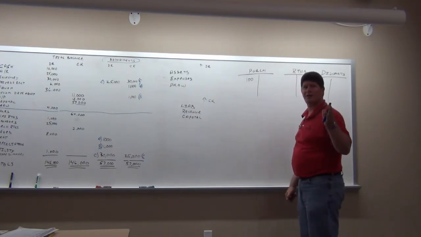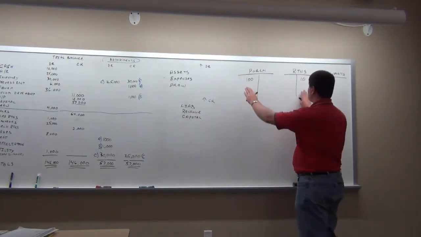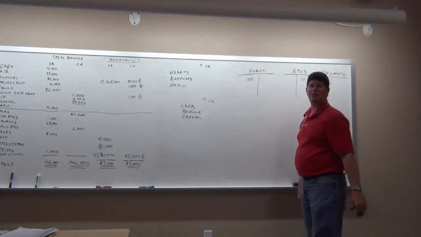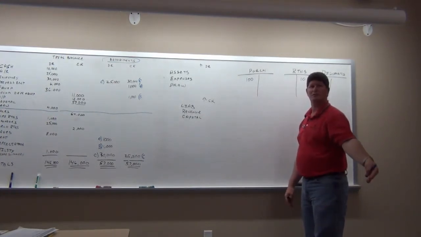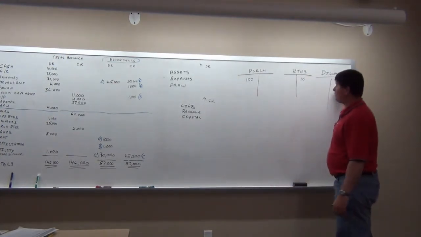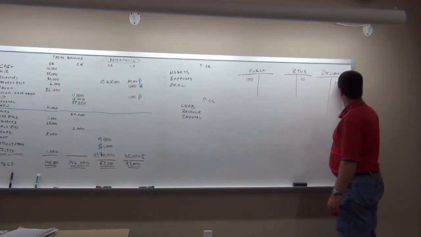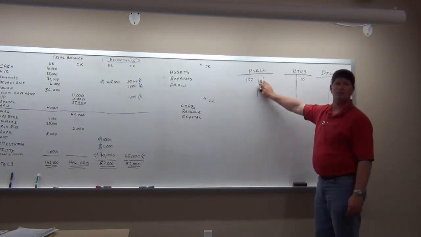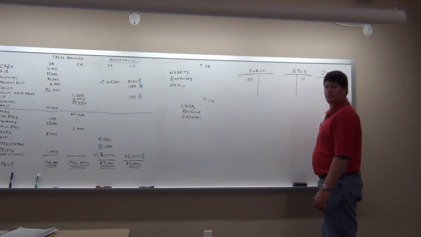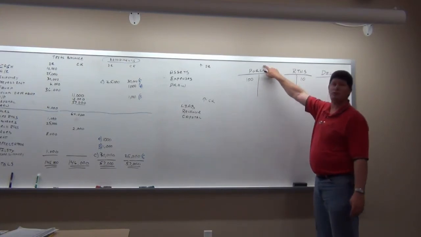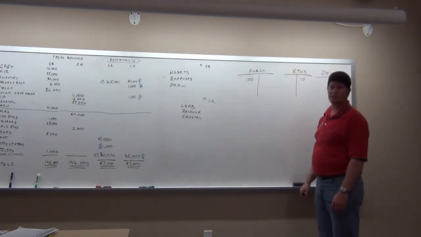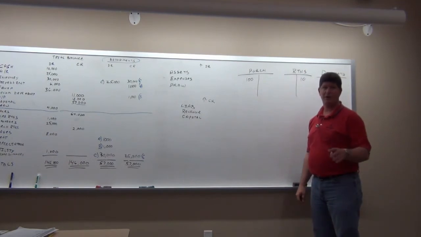And just like equipment and accumulated depreciation, you have to net the two together to get to your net cost. Same thing with discounts. It's a reduction in our cost, so it's also a credit. That's purchases, purchase returns, purchase discounts.